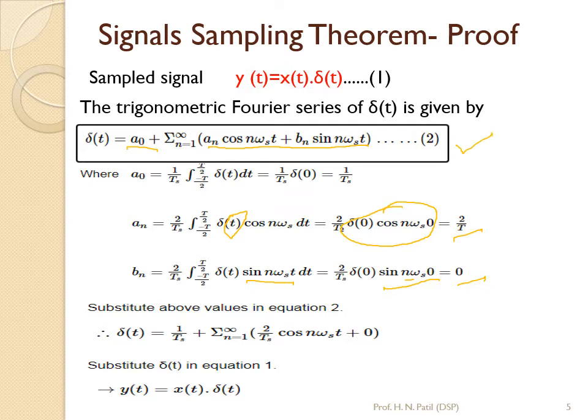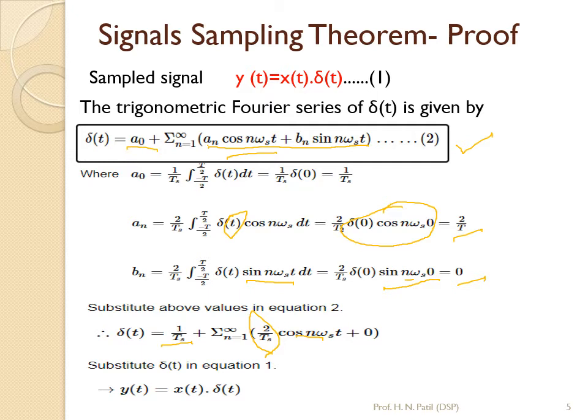That means this equation. So here a0 will be given as 1 upon ts. This is the value of a0. Then an cos n omega s t, its value is 2 by ts. This is the value of an only, and this cos n omega s ts will remain as it is.